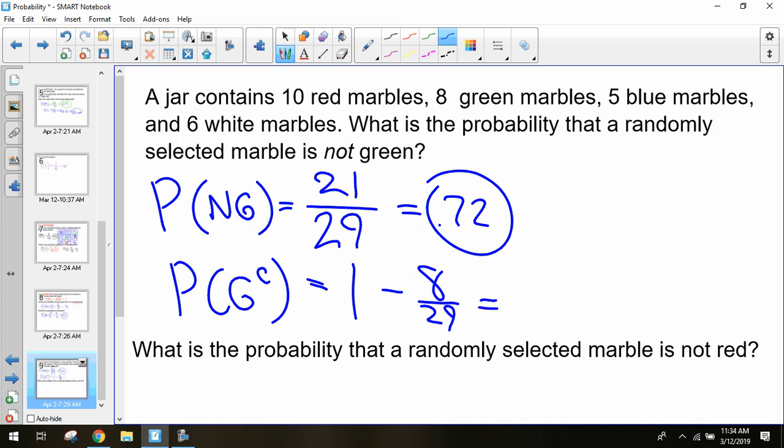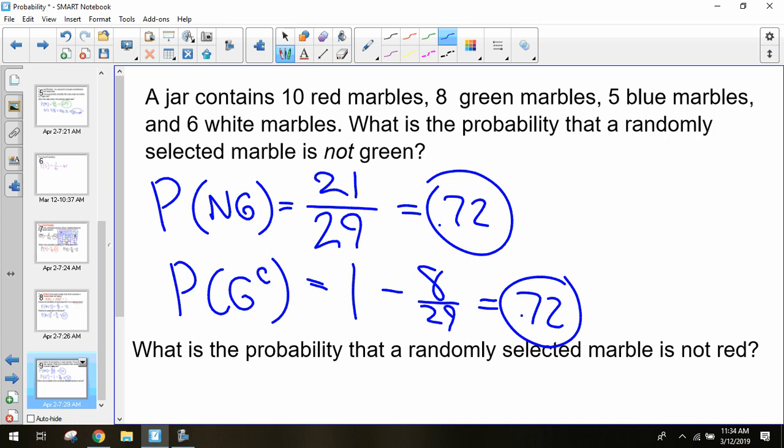That should still give you the same number. It might have been easier to recognize there's only 8 out of 29 green marbles, rather than figuring out how many are not green. In some situations it might be easier to do it one way, and in others the other way, but they'll both get you the same answer. They're just two different ways of working on the same problem.